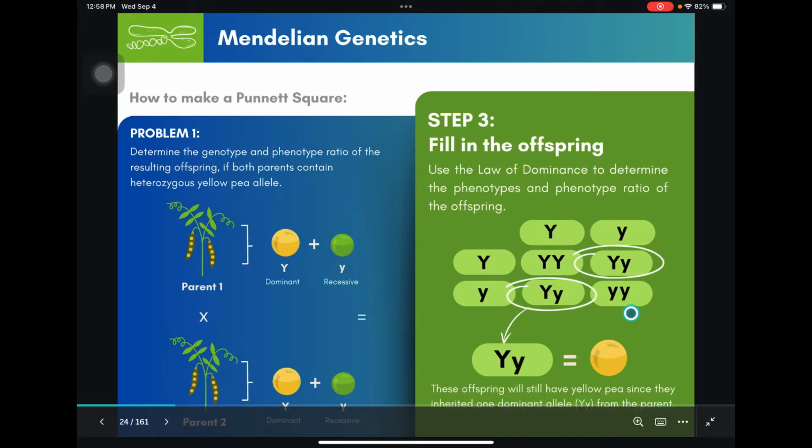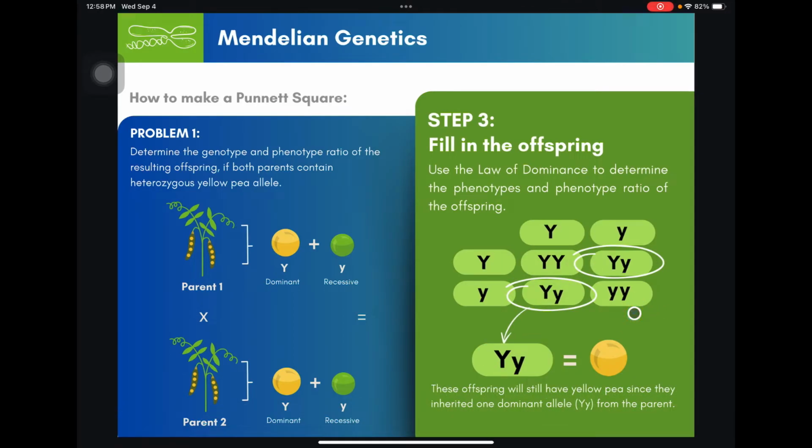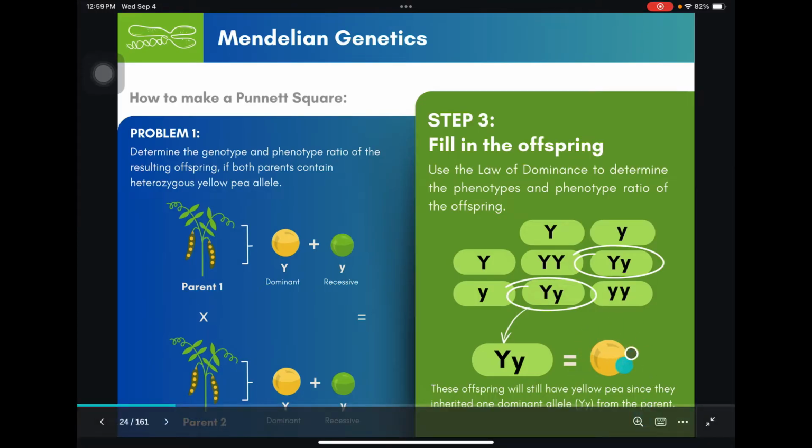On the other hand, two of the offspring might actually display a heterozygous allele, so they contain one dominant and one recessive. And according to our discussion earlier, by using the law of dominance, if there is one dominant allele in our traits, the dominant trait will be expressed. Hence, the color of the P will still be yellow.